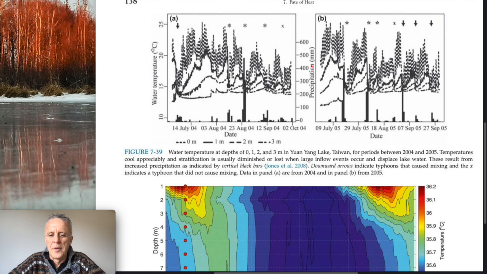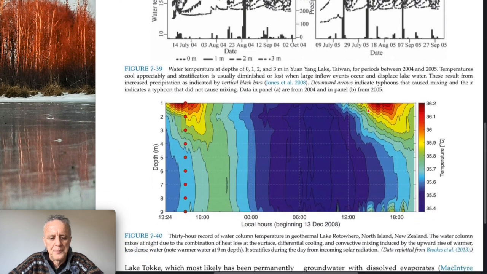So we have precipitation events. Downward arrows indicate typhoons that cause mixing, and in some cases the typhoon doesn't cause mixing, where it's an X. And then we have precipitation events that also collapse the thermocline.